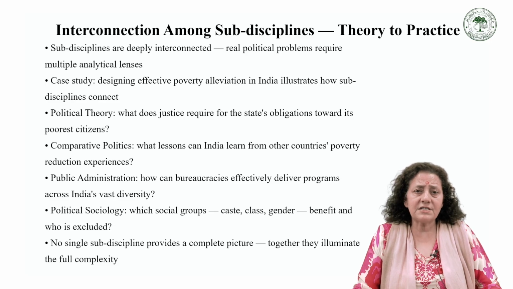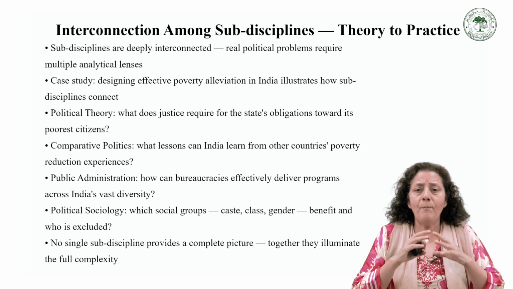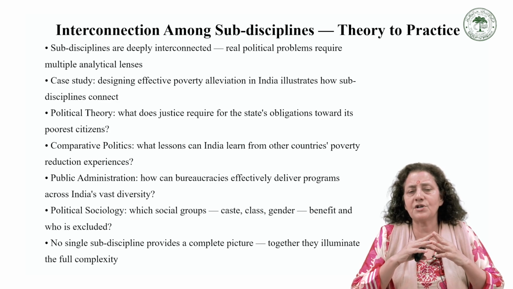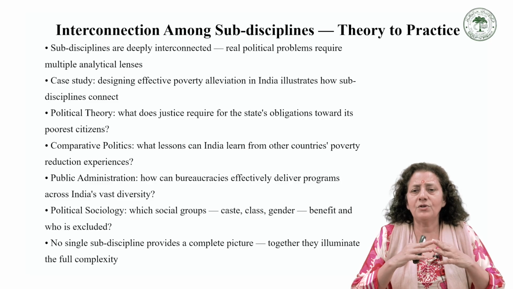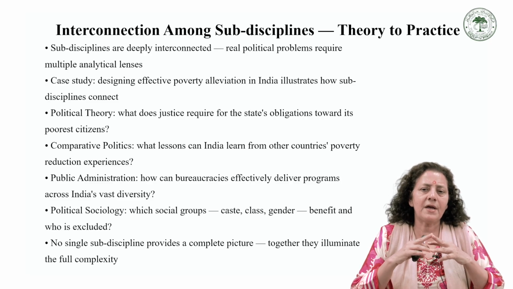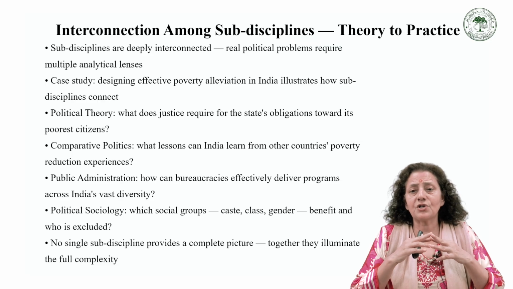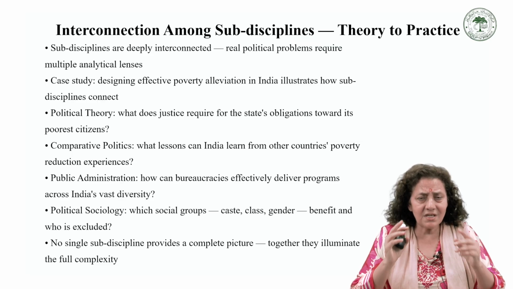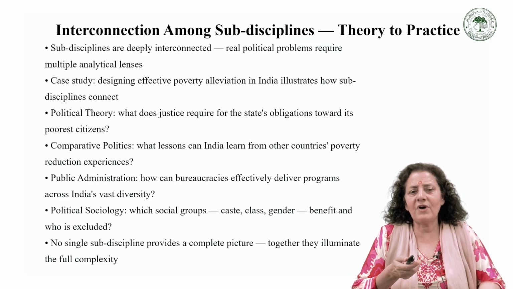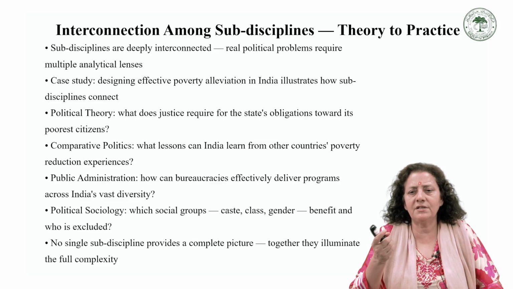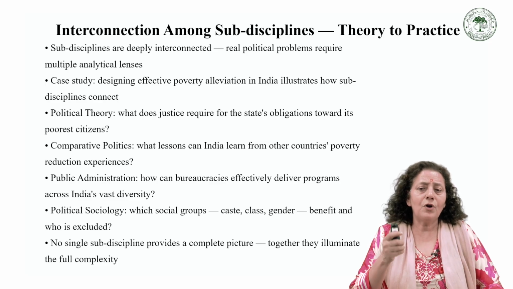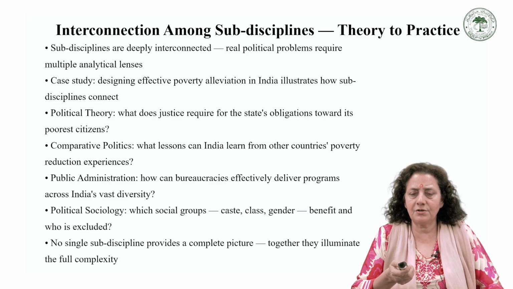Political sociology tells us about the social divisions, caste, class, gender, etc., that determine who benefits from government programs. International relations tells us about the role of international development organizations in shaping India's poverty reduction strategies. No single subdiscipline alone could provide a complete picture. Together, they illuminate the full complexity of the issue.